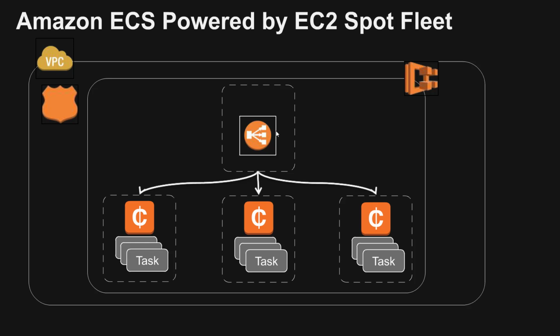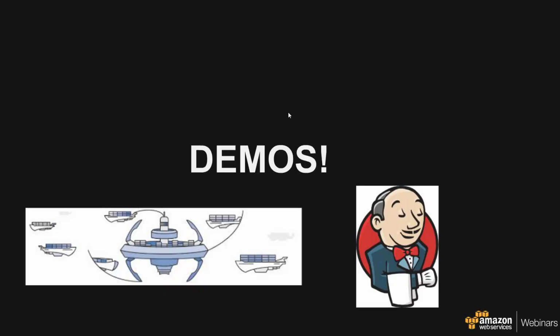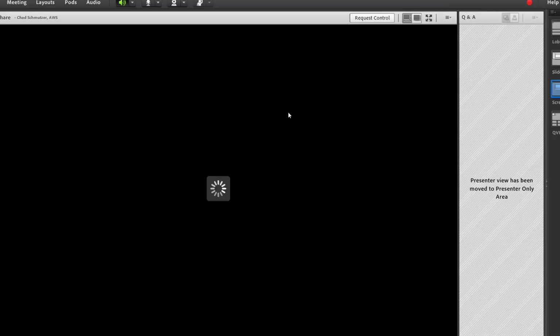You can diversify your containers across multiple instances, across multiple AZs, which ties really nicely back to that allocation strategy of diversified when it comes to running your Spot Fleet.